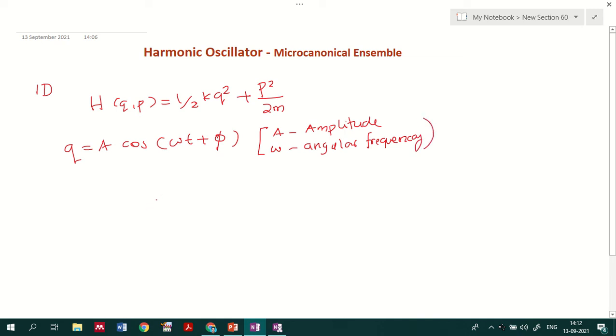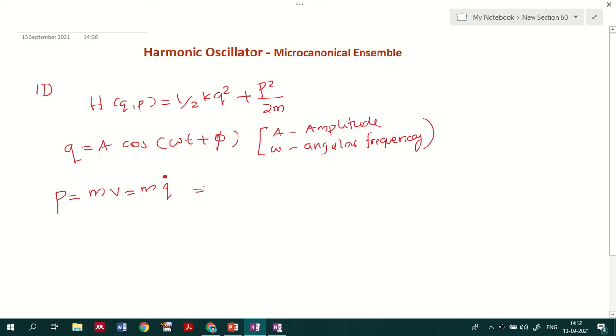Now the momentum p is basically mv, that is m q dot, so we have to take dq by dt.